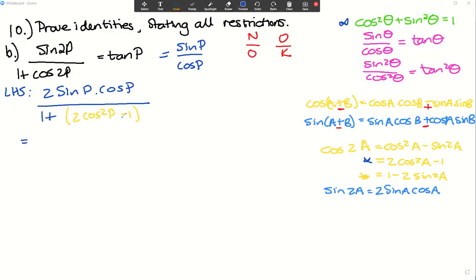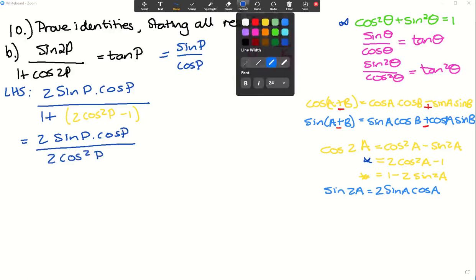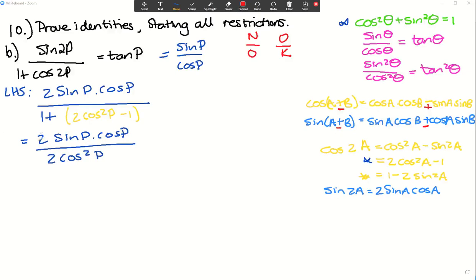And if we get rid of the brackets, we can take this one and minus that one from it. So we're left with 2 sine p times cos p at the top, and as our denominator, we end up having 2 cos squared p. And I can simplify that down by cancelling the 2's out because they're dividing by each other. So this 2 divides by that 2.